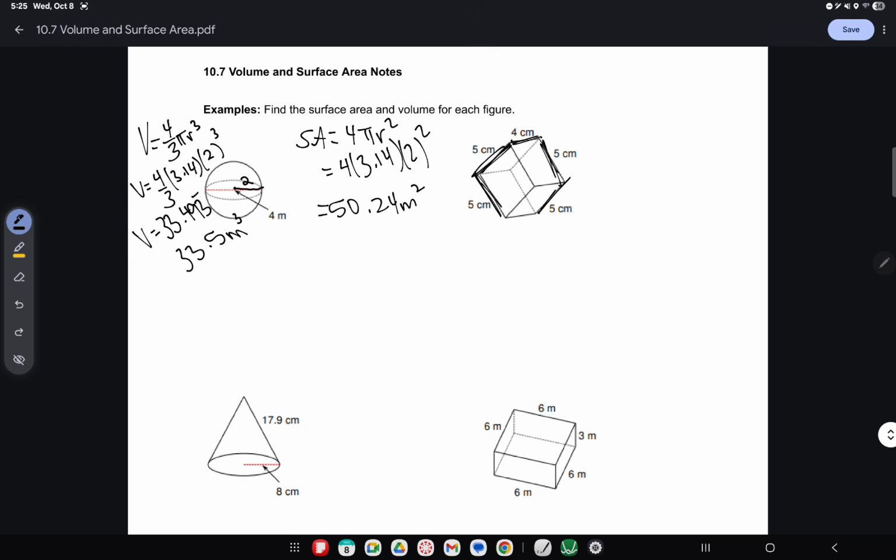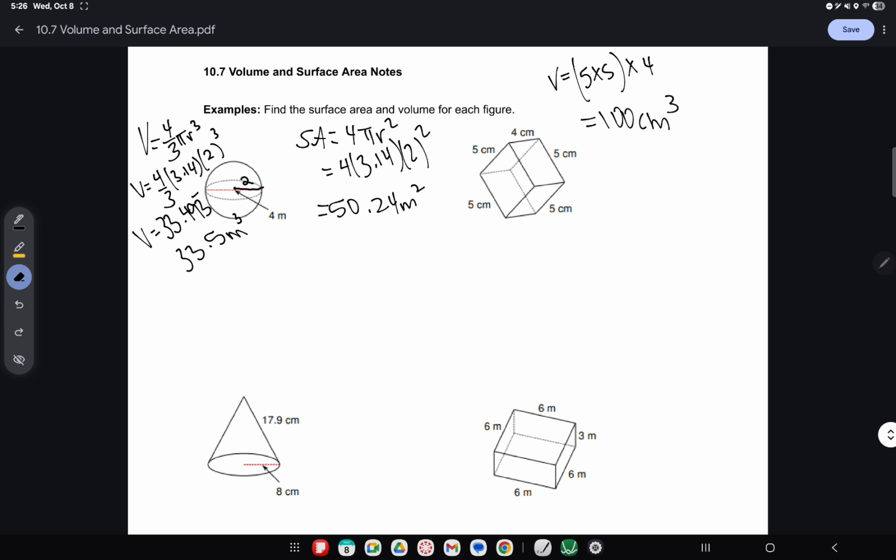So I call that a rectangular prism. So I have this base here and here. That's a square. So volume is area of the base. So the base is a square. So 5 times 5. And then times its depth, times 4. 5 times 5 times 4 is 100. So 100 centimeters cubed.